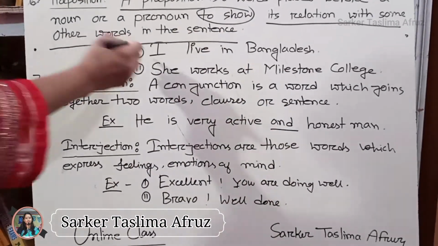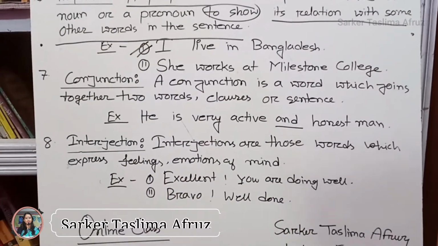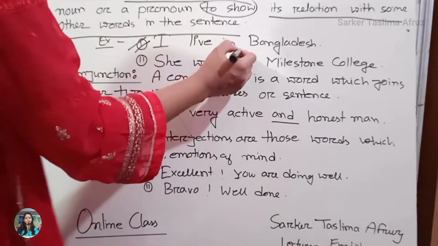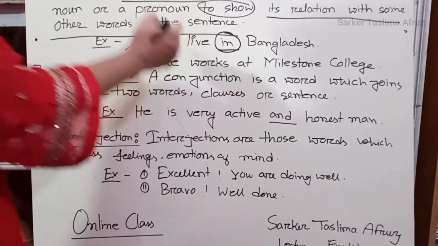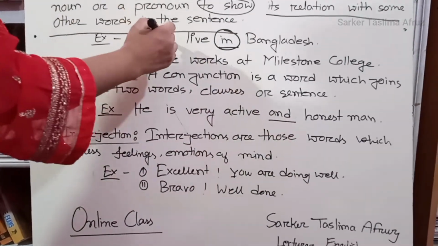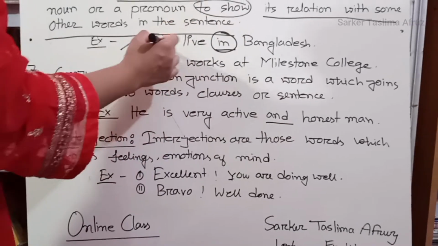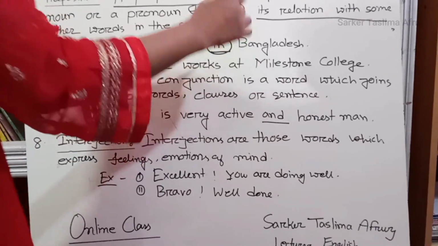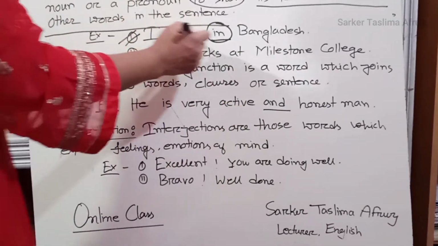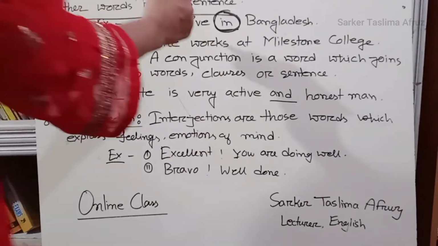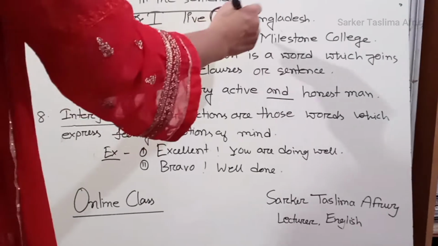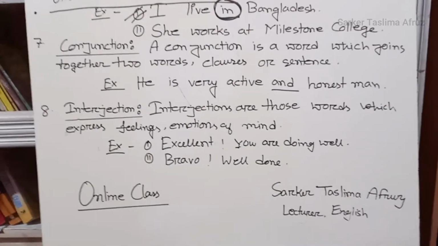So here are some examples for you. First one is, I live in Bangladesh. There's a preposition. Suppose there is no preposition, what will the sentence be? It's actually aimless. I live Bangladesh. It's wrong. So you need to use a preposition here, and it helps to make a link between the entire sentence.